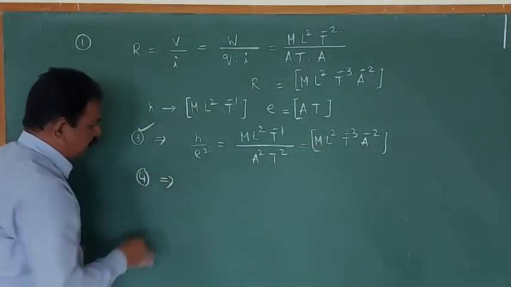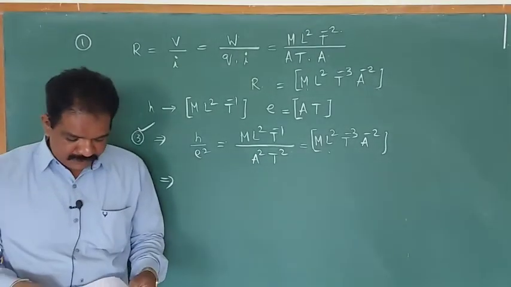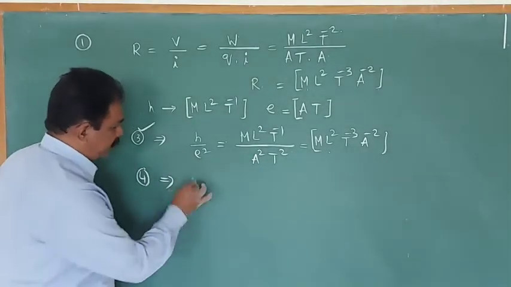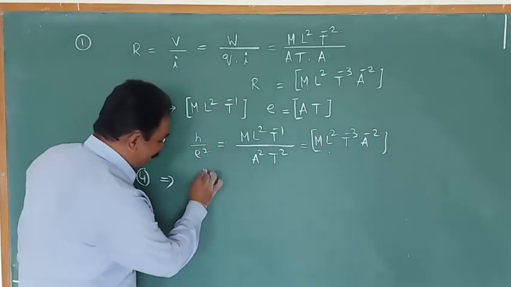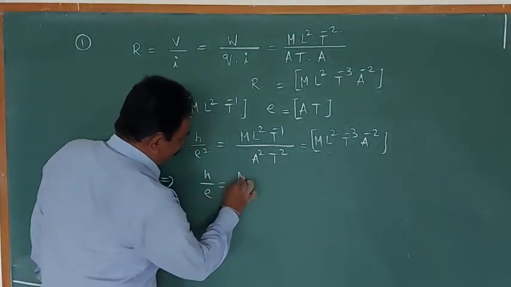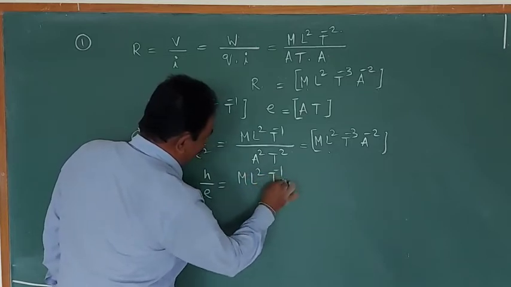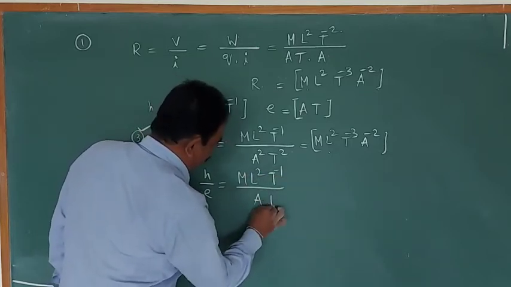Point is clear. Next, the fourth one, you see h by e. No need, na? Already we got the answer. Just for satisfaction we will do ML square T power minus 1 by AT.